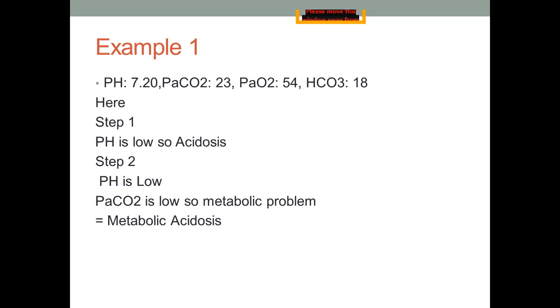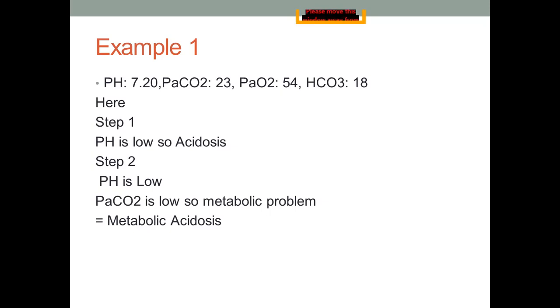Here, step one, what was step one? Step one was to look at the pH. Here the pH is 7.20. It means that the pH is low, so the main problem is acidosis. And what is step two?